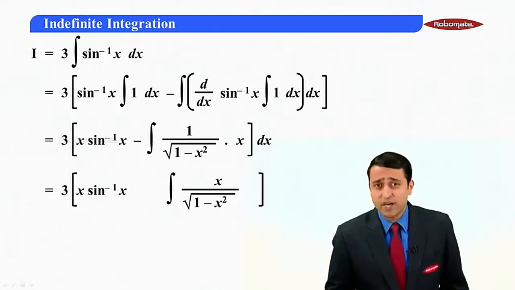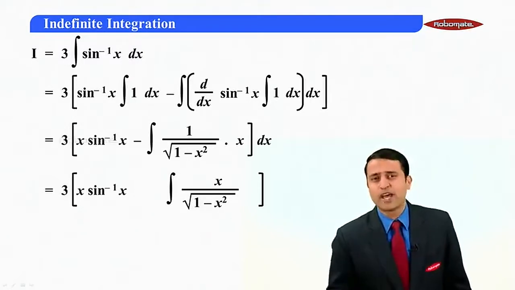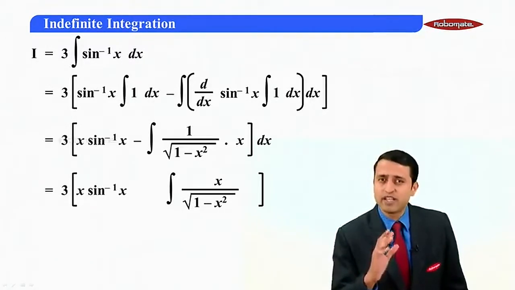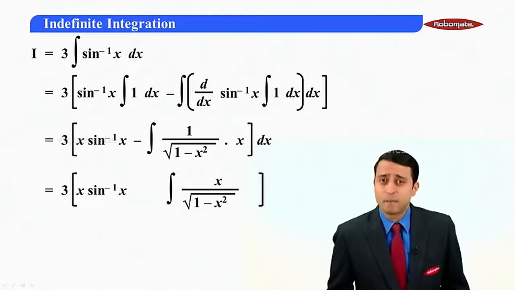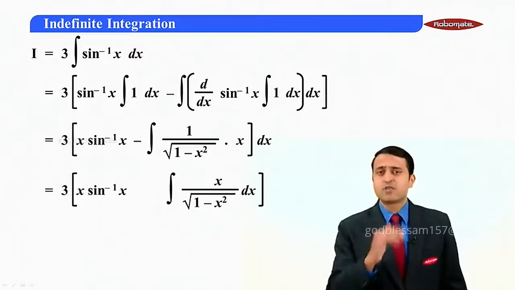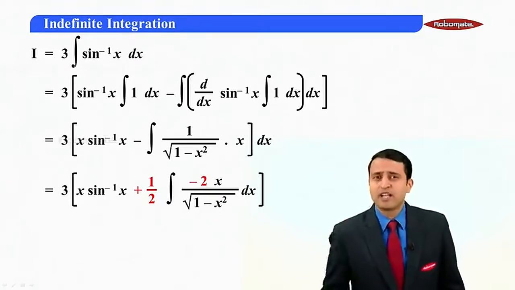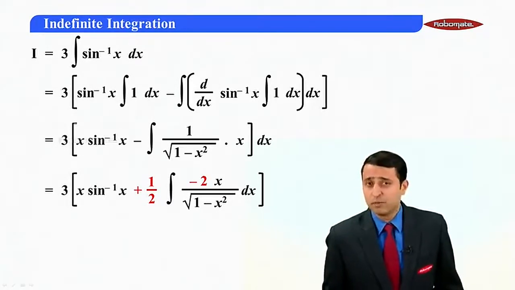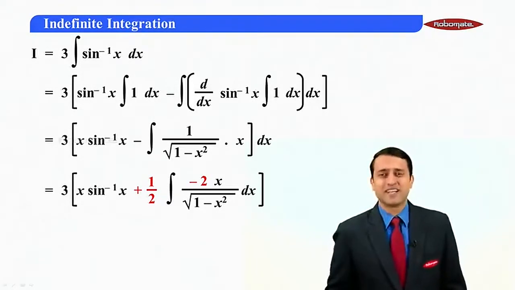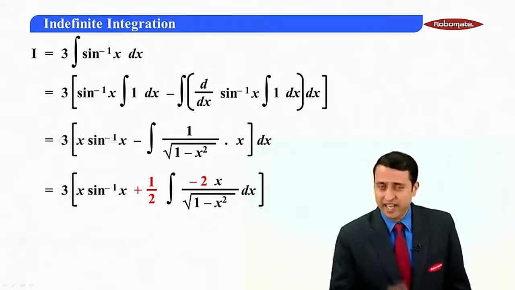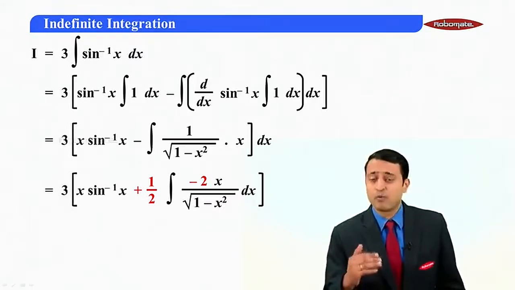Now derivative of 1 minus x square is minus 2x, out of which x is already there with us. So what we require is a minus 2, and since we require a minus 2 inside the integral, outside the integral we'll have a plus 1 by 2, because that minus is transferred inside. Now when I write this, in the next step we'll understand what is the answer.